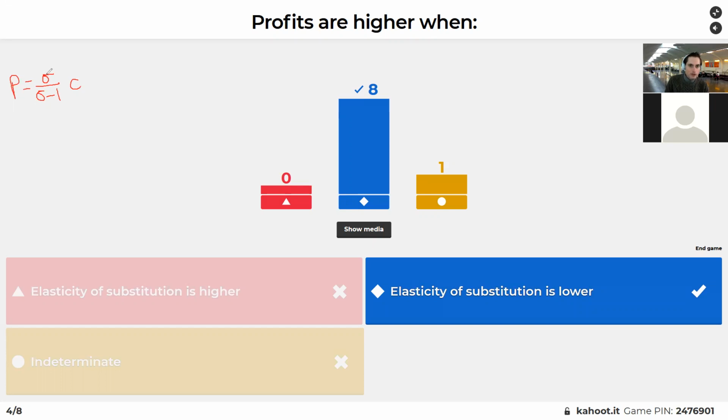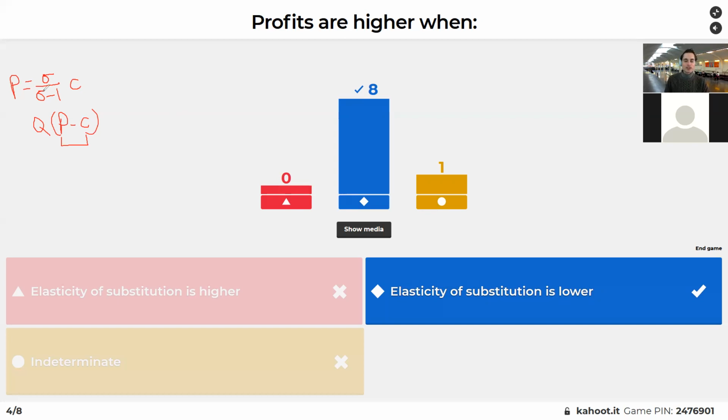If sigma is very close to 1, then this thing diverges off to infinity. So then the price is much higher than marginal cost. And of course, the profits are going to be price minus cost times quantity. When this gap is very large, quantity adjusts as well, but if P is equal to C, then the profits are 0.